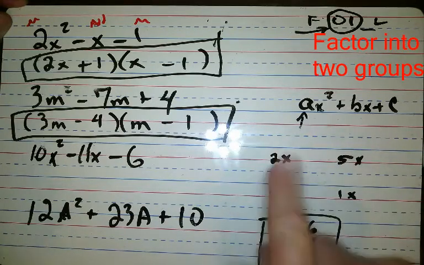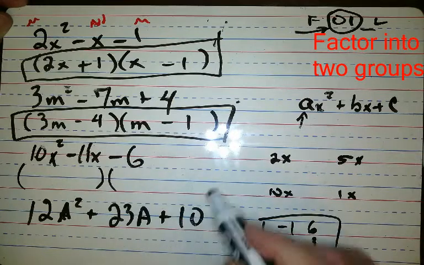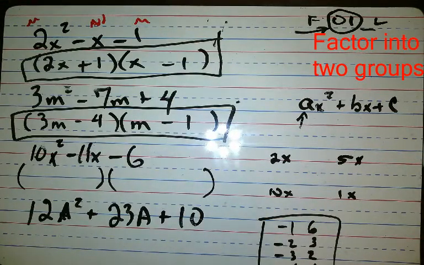So 2 times 4, there's 8 possibilities. If you are incredibly lucky, the first one you try is going to work. And if you're incredibly unlucky, the last one you try is going to work. So you just have to try and see what's happening.